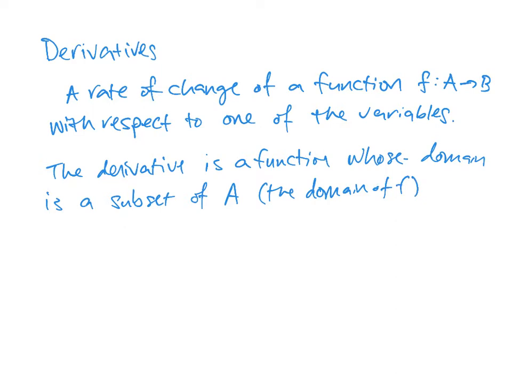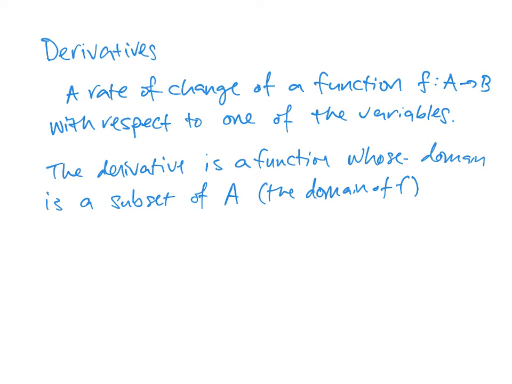So you may know from other math that you've studied that some functions are not differentiable, that their derivative doesn't exist. And so really that is included in this definition. For some of the values in the domain of the function f, in your domain A, at some of those places you might be able to take a derivative, and some of them you might not.